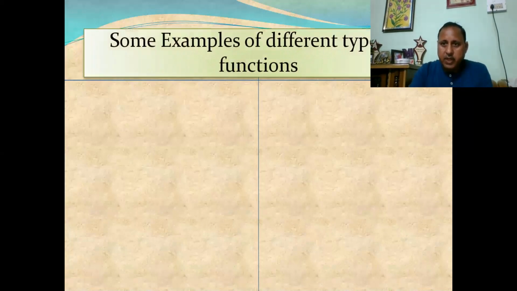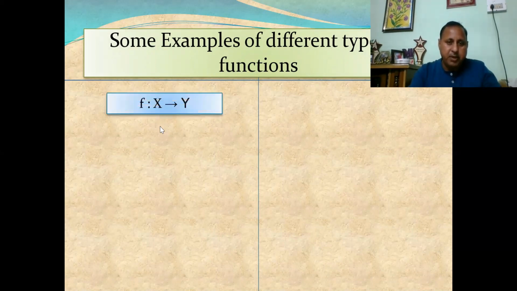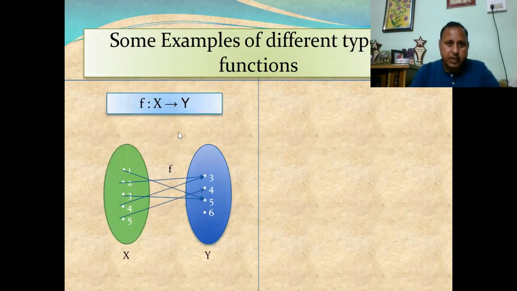Okay, some examples of different types of functions. You will observe now, and you will tell me the answers. Here, f is a function from x to y. First of all, observe, is it a function?